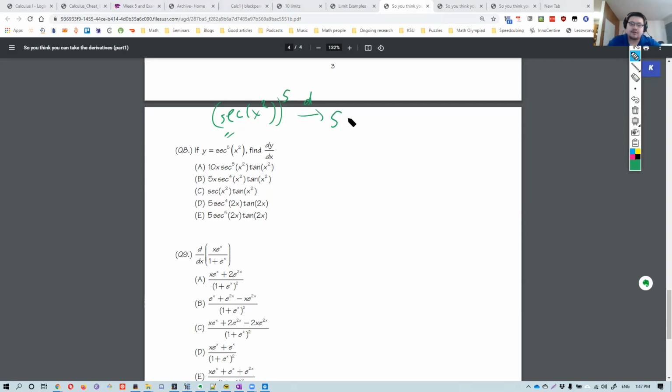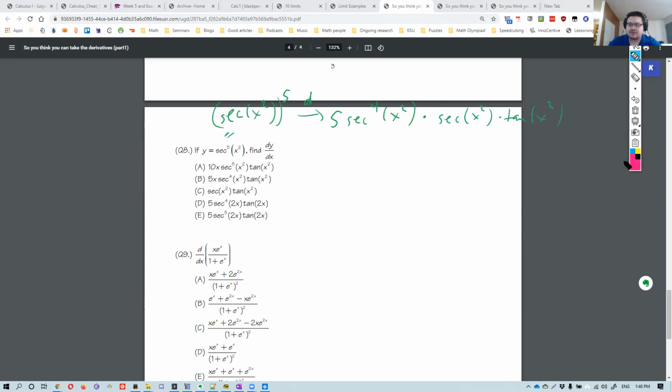We first take the power rule, which gives me secant to the 4th of x squared, and then times the derivative of the secant of x squared function. That's going to be secant tangent, so secant of x squared times tangent of x squared.